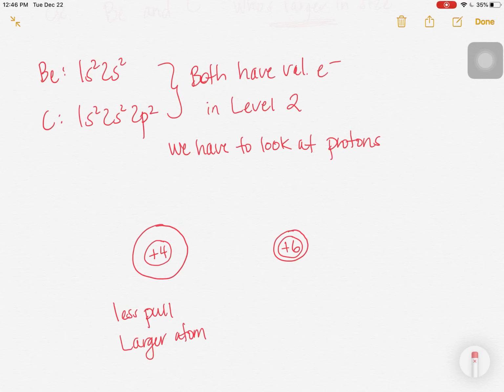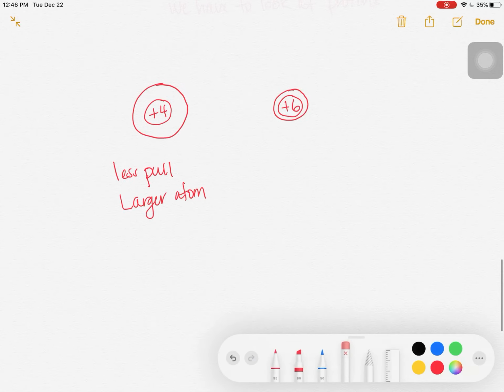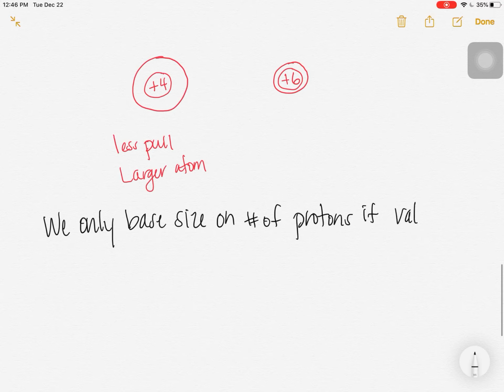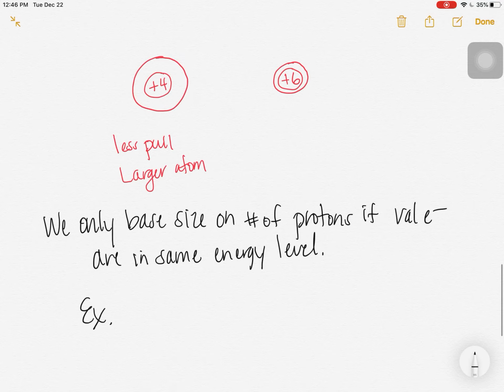Who's larger? Beryllium. Okay, so one more bold statement here, because this is where life gets tricky. We only base size on number of protons if the valence electrons are in the same energy level. Okay, so what do I mean by that?